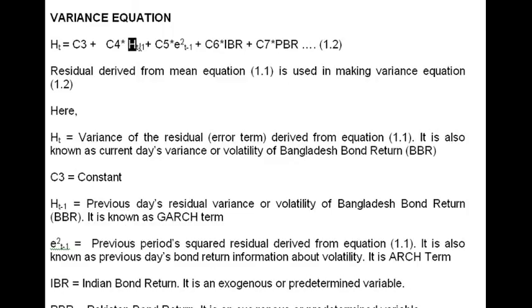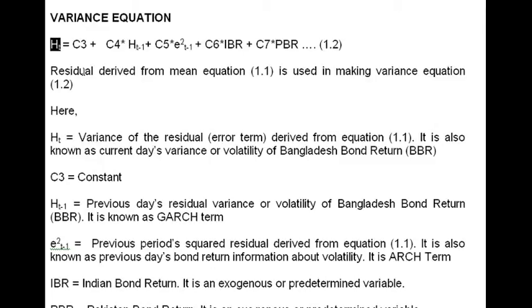HT is the current period volatility, and HT minus 1 is the previous day volatility. Suppose HT is today's volatility and HT minus 1 is yesterday's volatility.